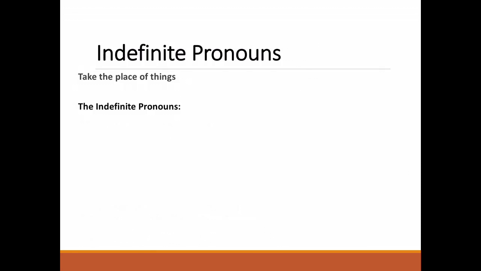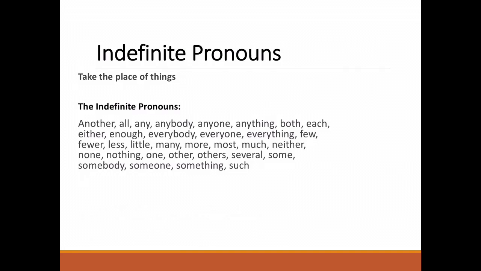Indefinite pronouns, as you see here in this list, are all the pronouns that are unspecified. So it means that they are not referring to a specific group of persons. It's like randomly. So let's see an example.